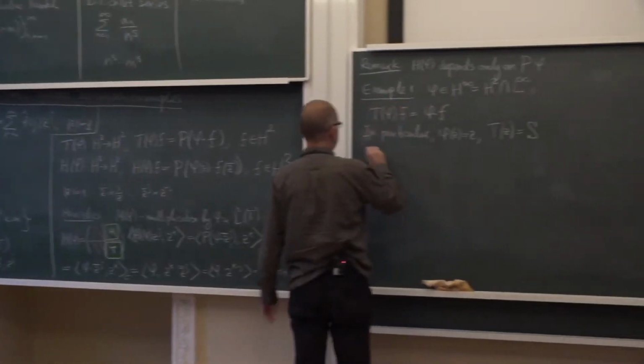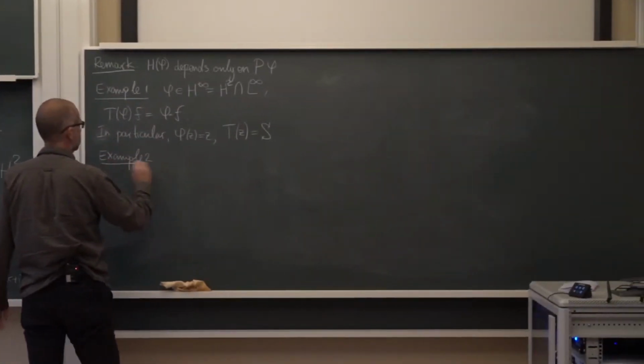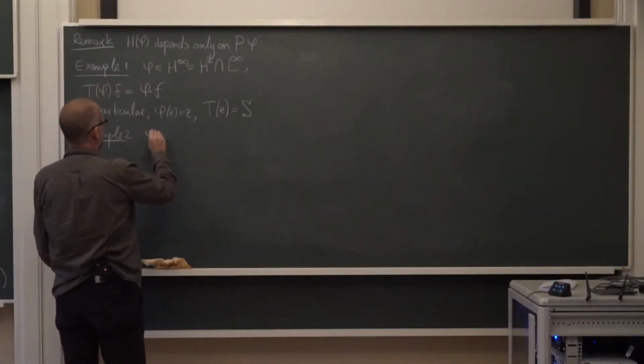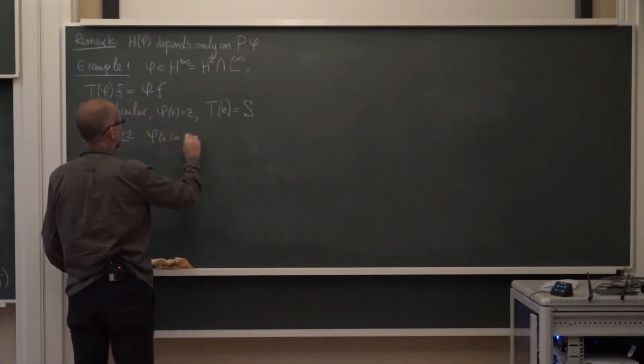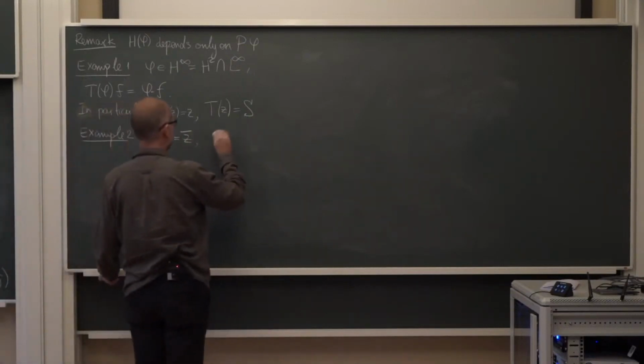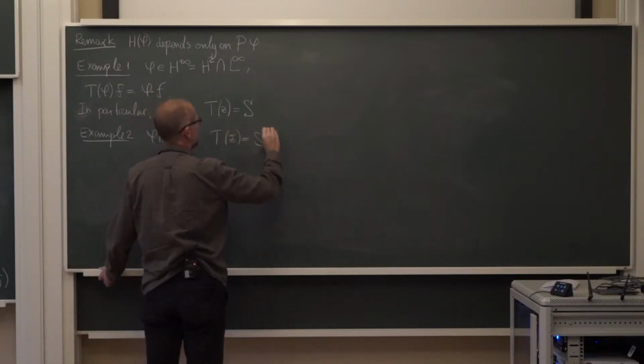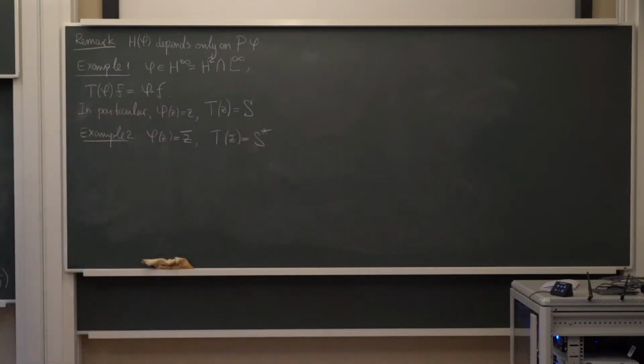Example 2. In the same spirit, if phi of z equals z bar, then this is just the conjugate of the previous one. This is what is called the backward shift.